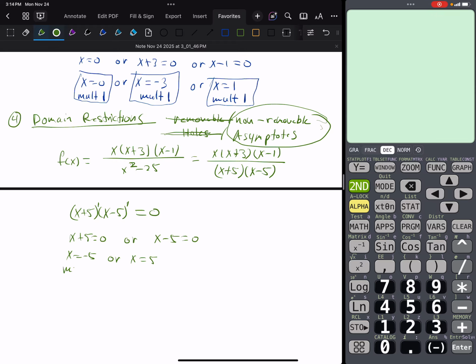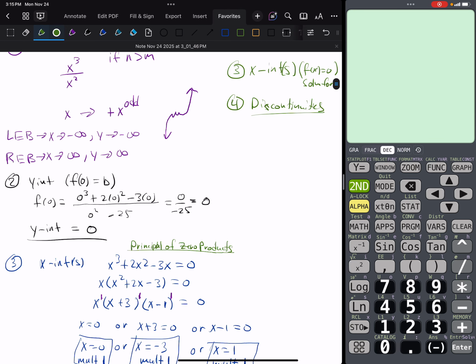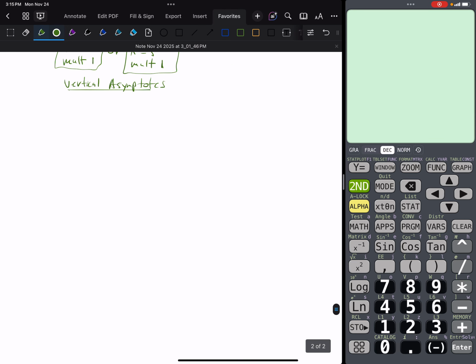These are each multiplicity 1. And so those are where my vertical asymptotes are at those locations. All right, I should have everything I need to sketch this function now.